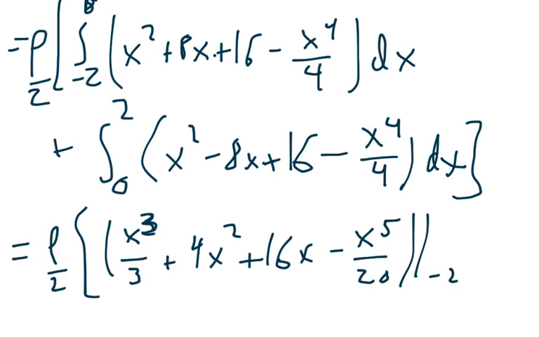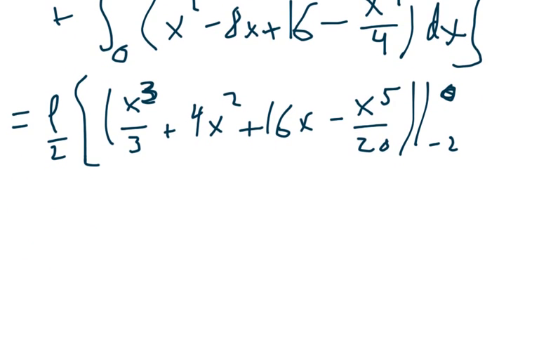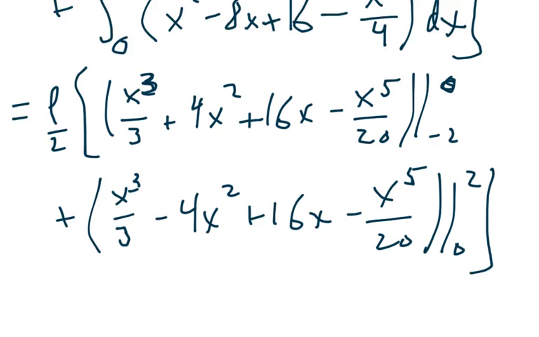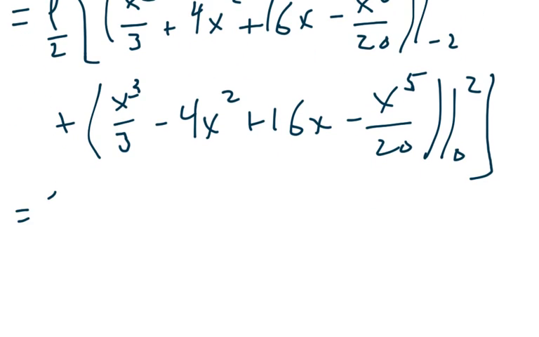This is going to be from minus 2 to 0. I'm going to have plus x cubed over 3 minus 4x squared plus 16x minus x to the 5th over 20. This is going to be from 0 to 2. And then we just have to plug in.